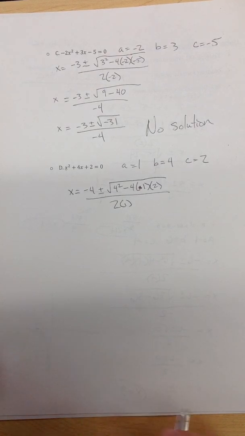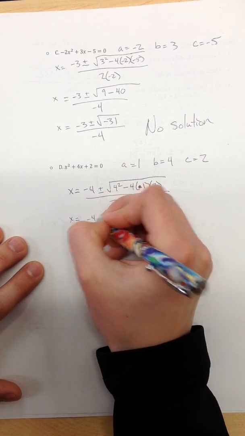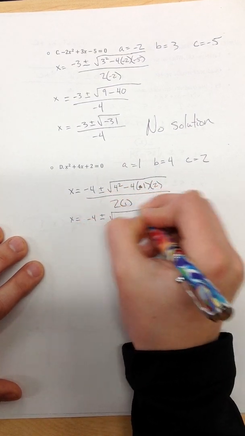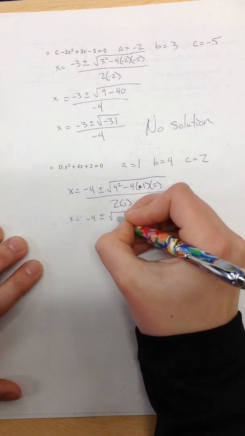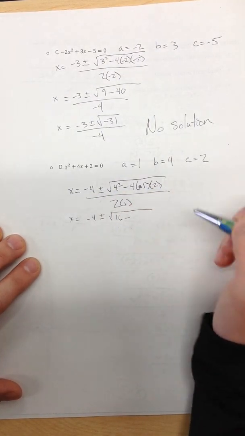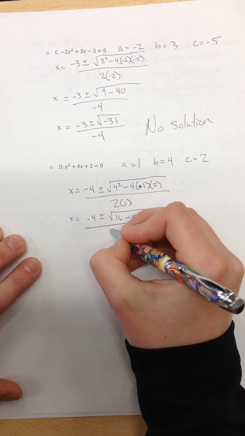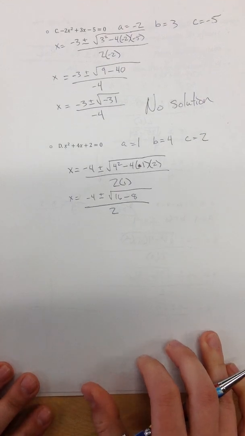Okay, so then we figure this out here. So we'd have x is equal to negative 4 plus or minus under our square root, 4 squared is 16 minus 4 times 1 times 2 is 8, over 2 times 1 is 2. And then you go from there.